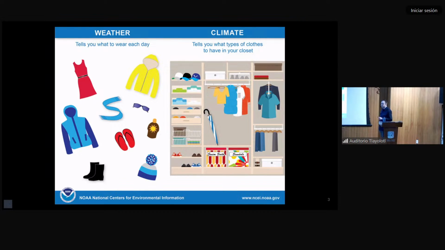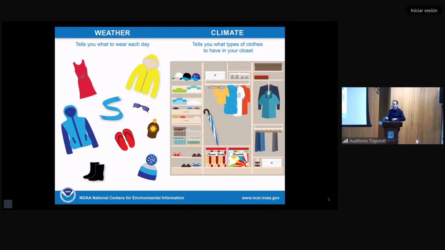I assume that most of you know the difference between weather and climate, but we have a very basic idea of it. Weather, for example, tells us what kind of clothes we can use today. If today is going to be very cold, we are going to use coats, sweaters, and that kind of stuff. If it's hot, we use t-shirts, shorts, sandals.